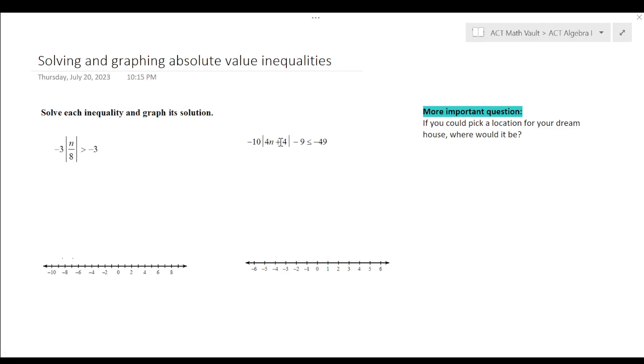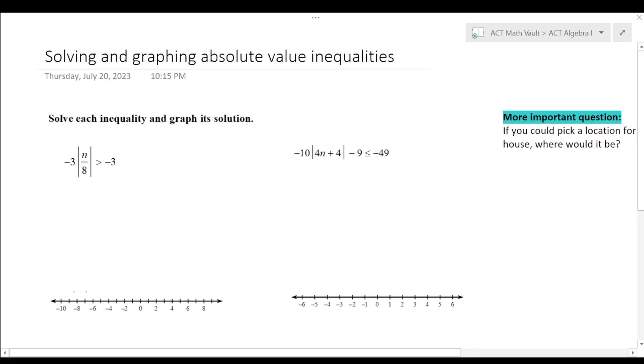Okay, so we have a negative outside of the bars in the first one. A couple things that we need to remember about inequalities. If we have a negative that we will end up dividing here, first of all, we'll isolate the bars first.